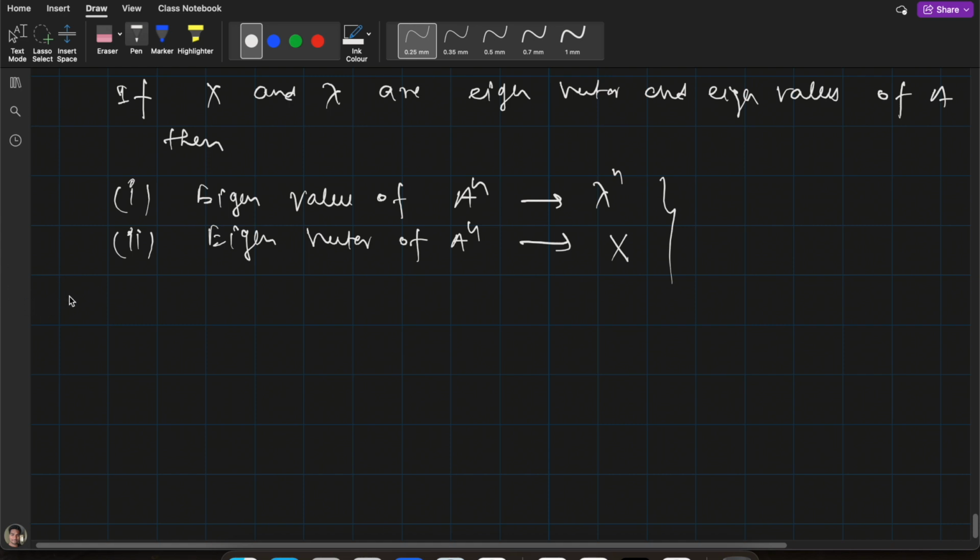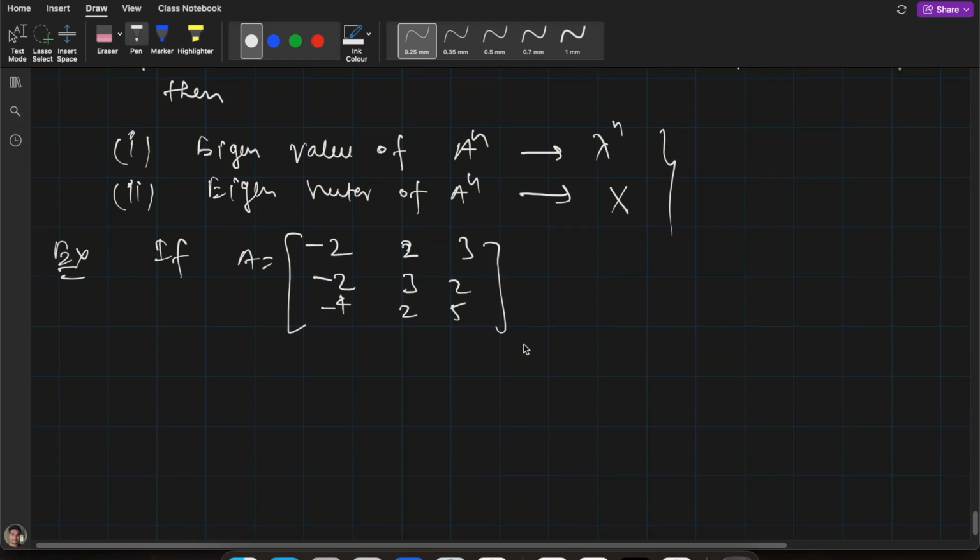Now, I have another problem. Suppose A is the matrix with rows minus 2, 2, 3; minus 2, 3, 2; minus 4, 2, 5.